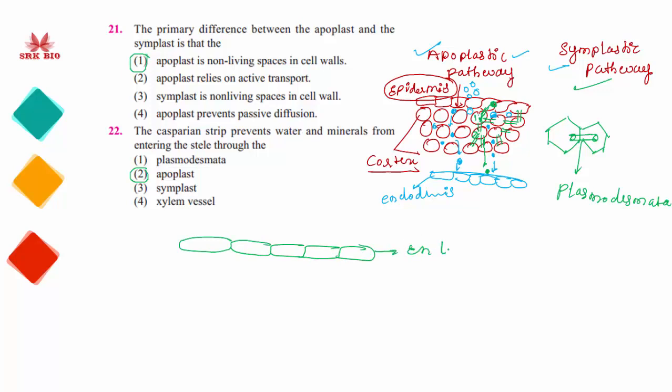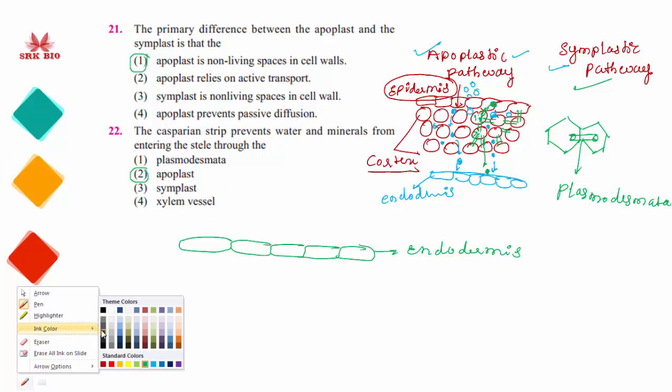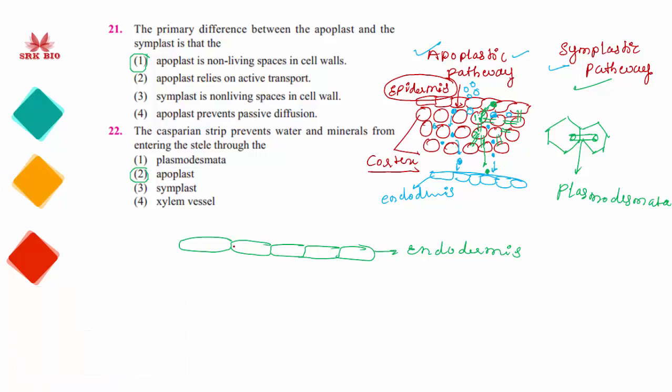Even the endodermis is made up of parenchyma cells. But a special character of the endodermis is that the tangential walls, that means the connecting side walls, are deposited with either lignin or suberin.